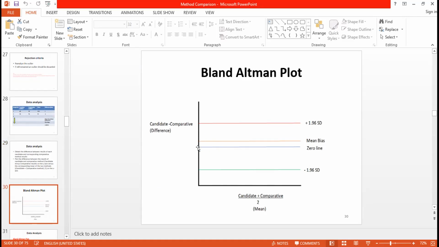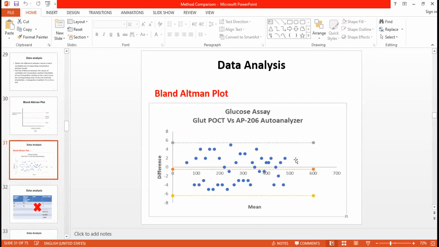In addition, you have to draw the 0 line. On this line, the bias is 0. Above that, there's a positive bias. Below that, there's a negative bias. You have to draw the mean bias line and 1.96 SD lines. And when you plot your data, your Bland-Altman plot will look like that.